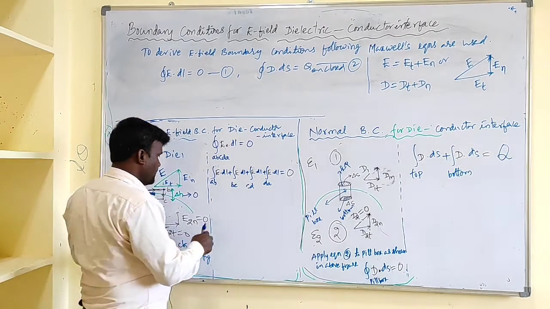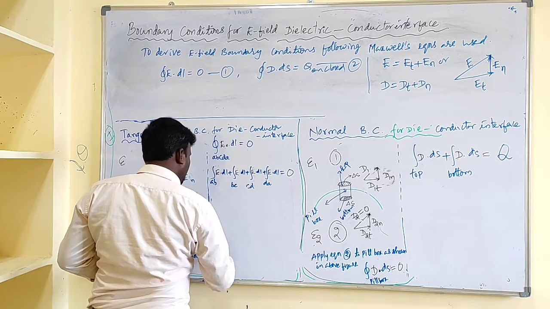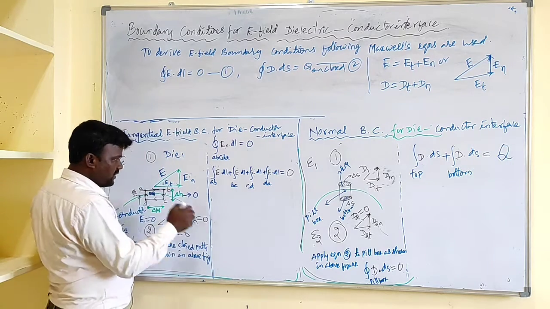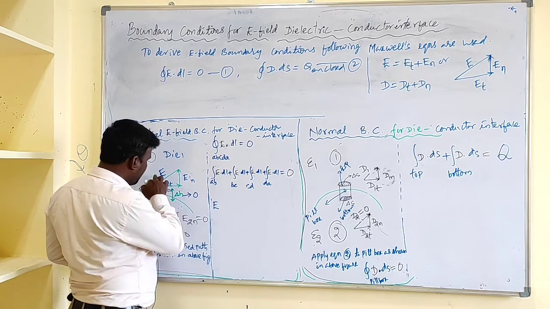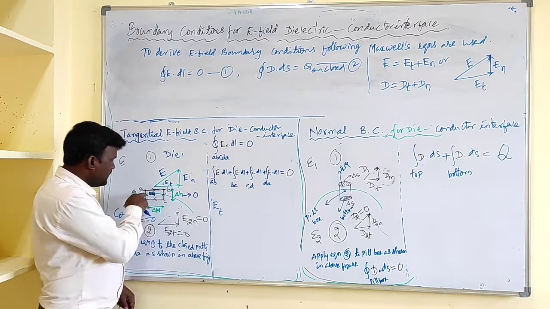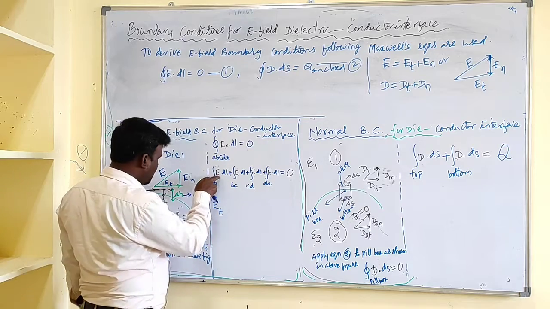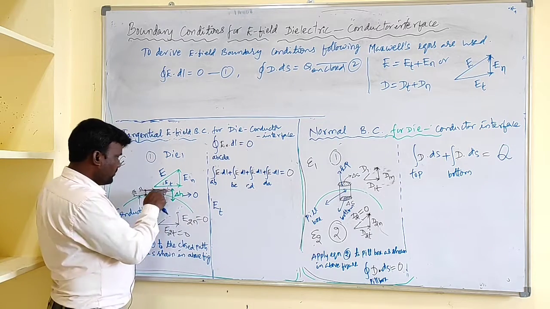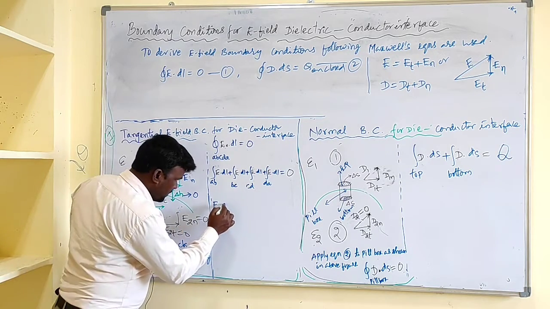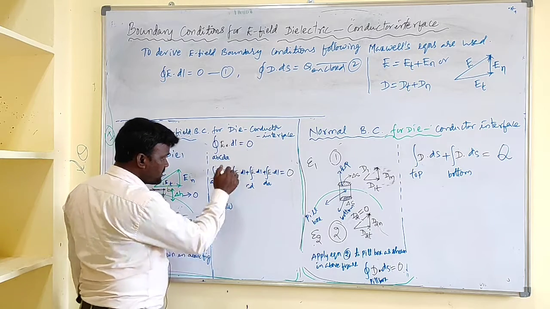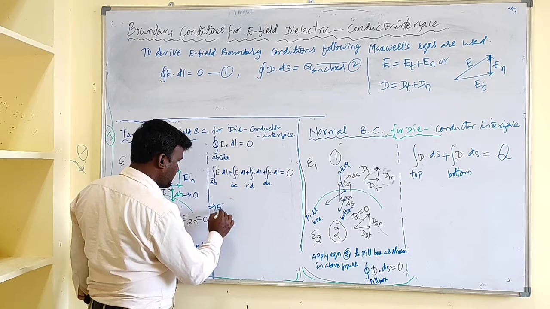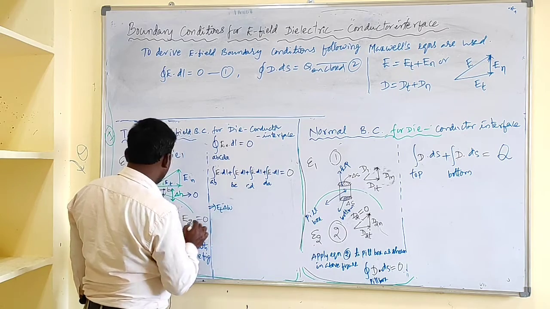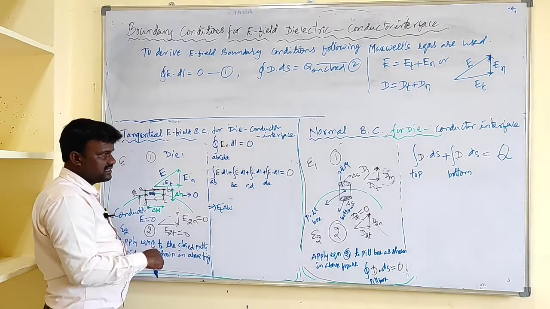As it is in the first medium, we have the field component E uniform. For AB, the tangential component of E, that is Et, into the width delta W. Next coming to BC, that is covered in the first medium as well as in the second medium.